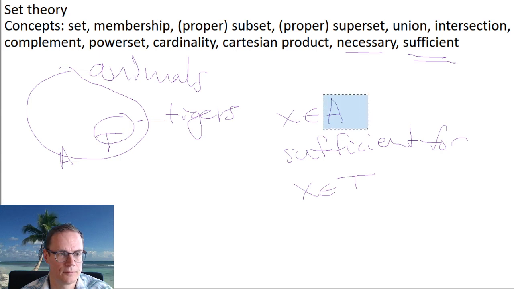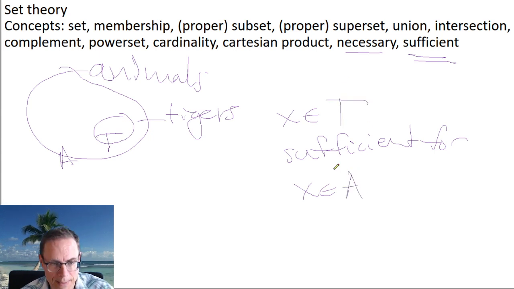Being an element of T is sufficient for being an element of A, but not necessary, because you can be an A without being a T, like here or there or there.